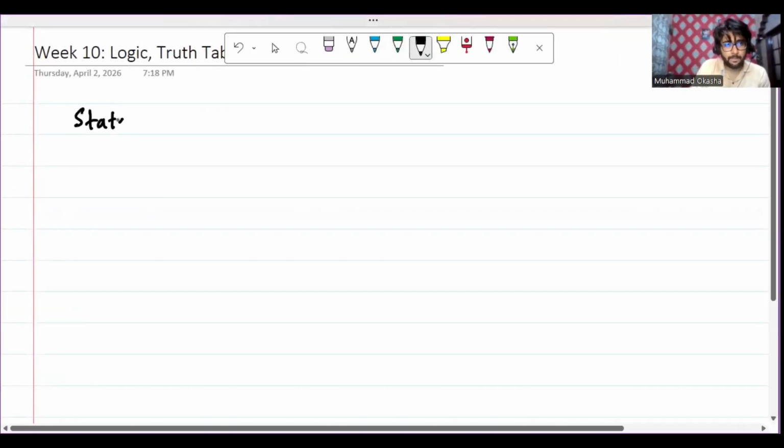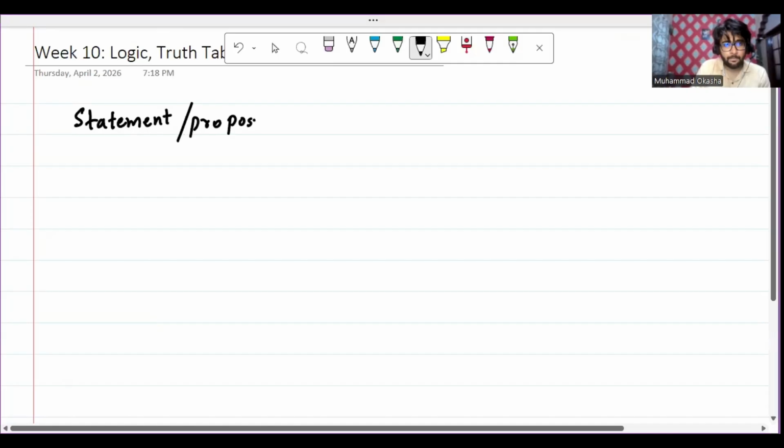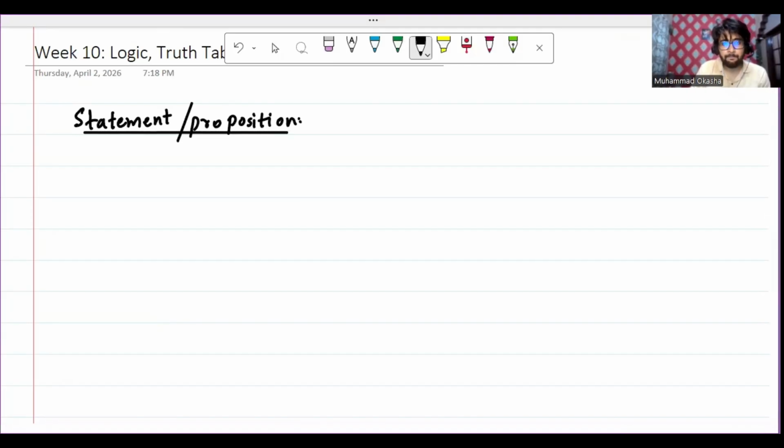What do we mean by a statement? In other words, it's also called a proposition. What do we even mean by that? A statement or proposition is a sentence that's either true or false.